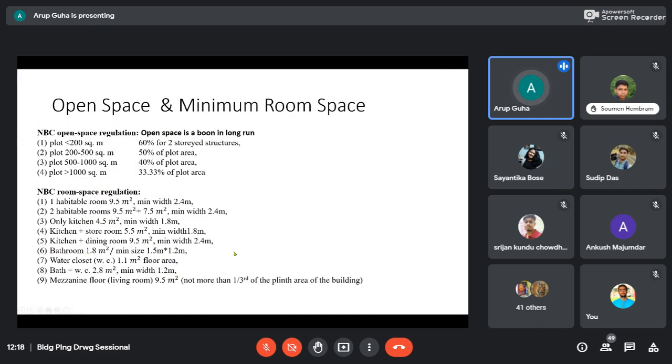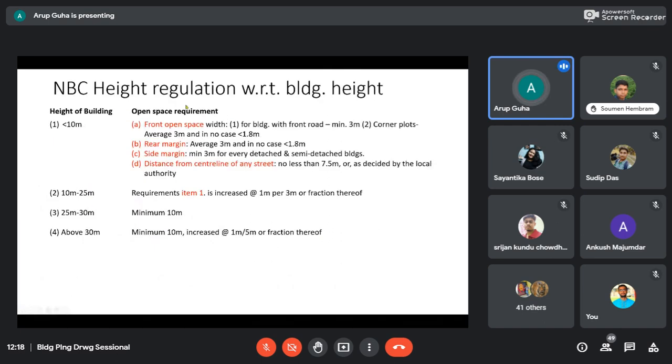This has already been discussed, so actually this is in tabular form only. Height regulations are also there, meaning if your building is too high, then your front open space gradually increases.